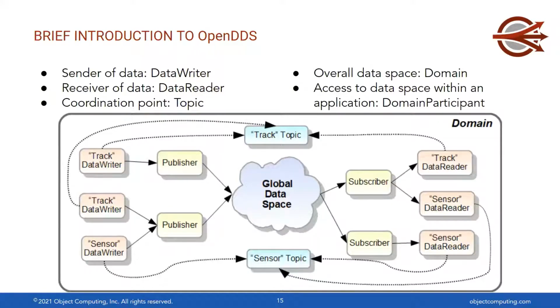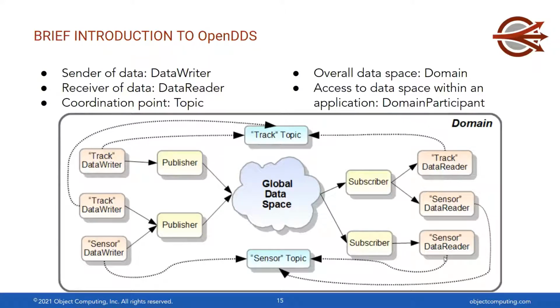So a few other DDS terms that will be important for our discussion today. In this diagram, we see an example system that has two different topics, tracks and sensors, and various readers and writers that interact with those topics. So when we think about the sender of data on an individual topic, that object is called the data writer in the DDS API. Those are seen on the left. Similarly, the receiver of data is called the data reader.